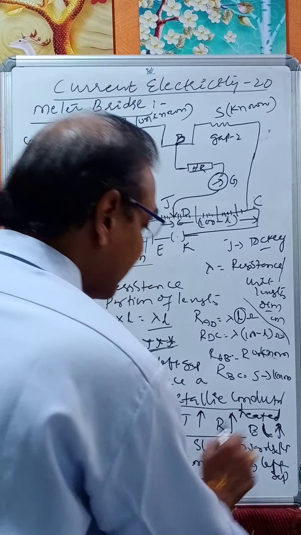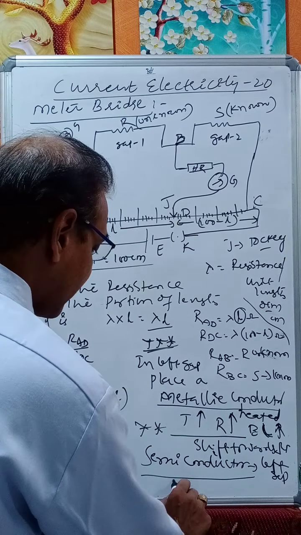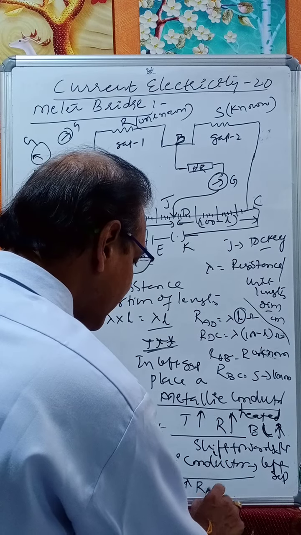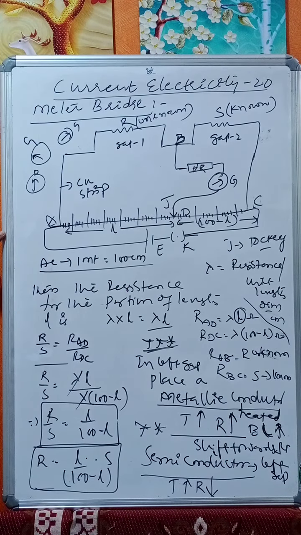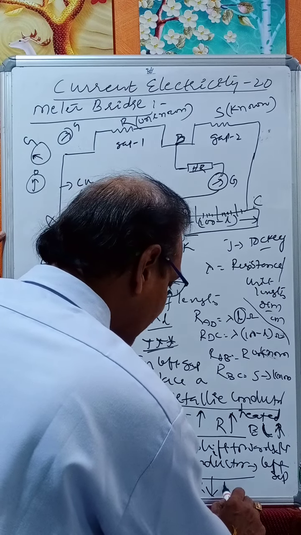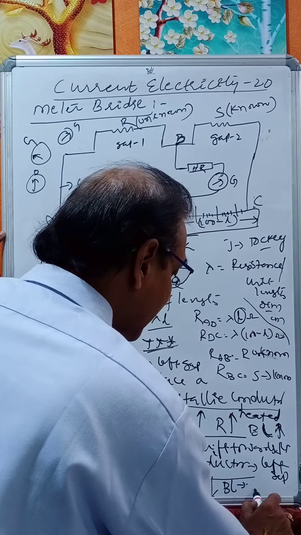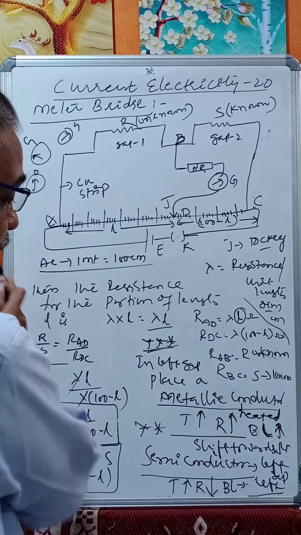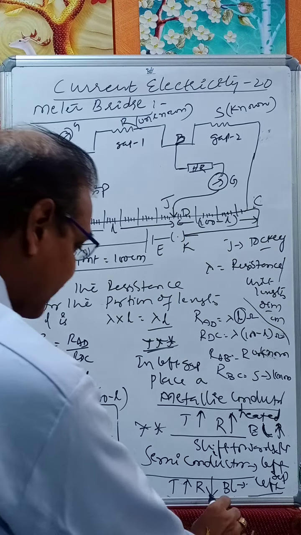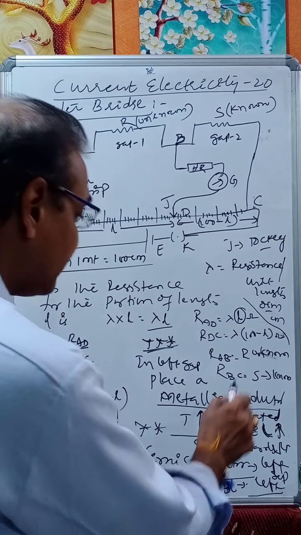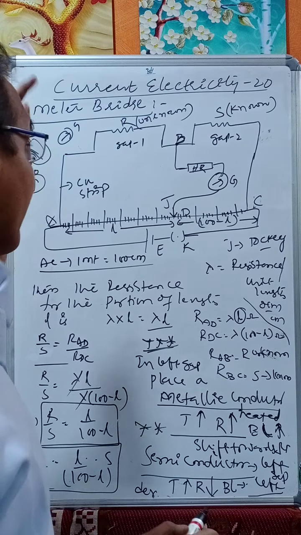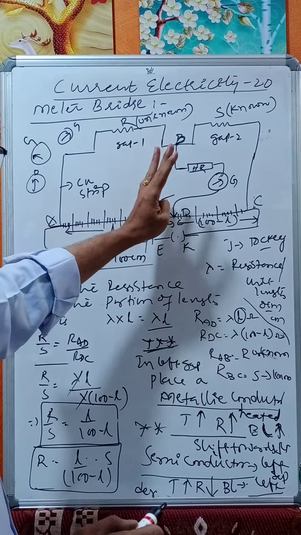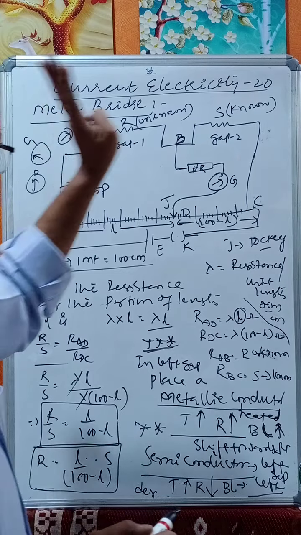For a semiconductor, as temperature increases, conductivity increases, therefore resistance decreases, so the balancing length shifts towards the left and decreases. For a metallic conductor, as temperature increases, resistivity increases, so the balancing length shifts towards the right.